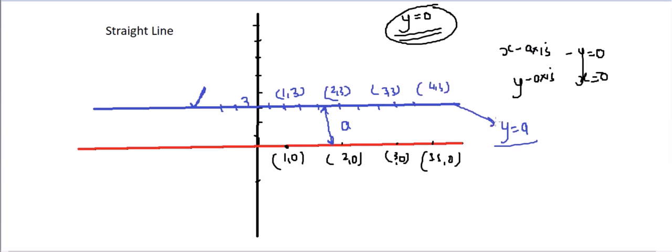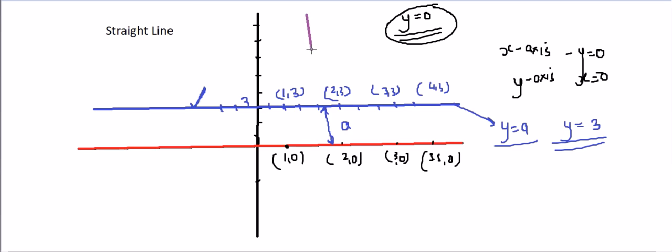So if I say the equation of a line parallel to x-axis which is at a distance of 3 units from it, so your equation will be y equals 3 because y is 3, it's constant at every point. X is changing but y remains constant. Same as if you want to find the equation of a line parallel to y-axis at a distance of a from it.